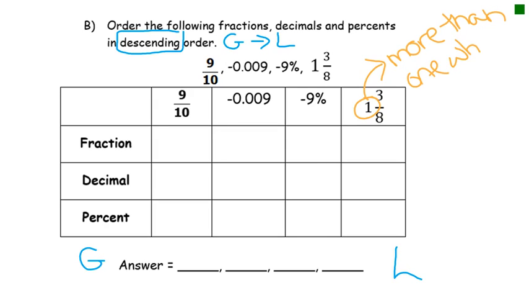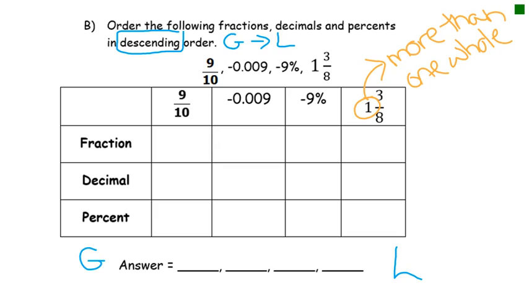So now, I will take the time to show you how to convert that into the percentage it needs to be converted into. But right away, I know that that is my biggest value because it's more than 1 whole. So I'm going to go ahead and list that down below, but I want you to hone in on things like that. For example, if there's only one negative number, you know it has to be the least value.